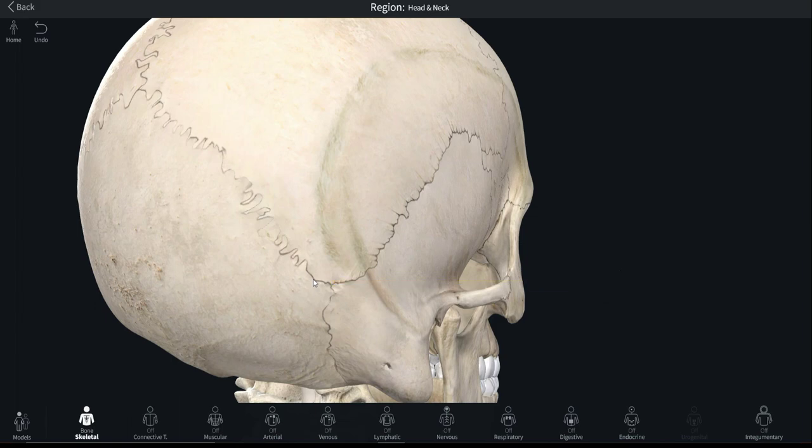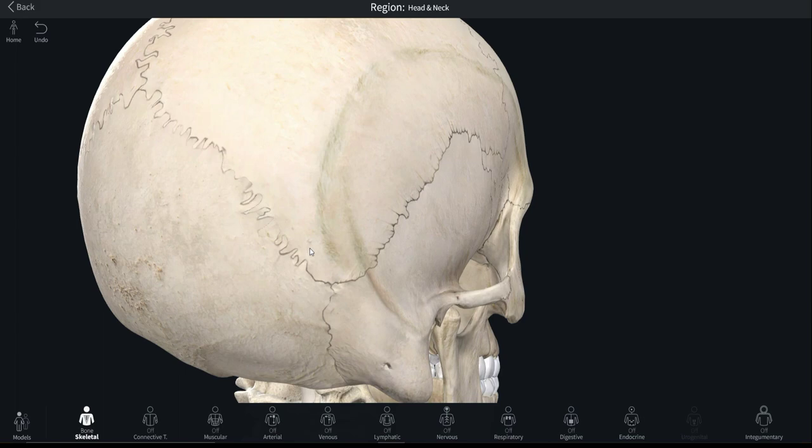The asterion is also important because, do you remember what special vascular structure I had talked about when I was talking about the inner aspect of the posterior inferior angle? When we were talking about the inner aspect of the parietal bone, we talked about a groove on the inner aspect of the posterior inferior angle that lodged the sigmoid sinus.